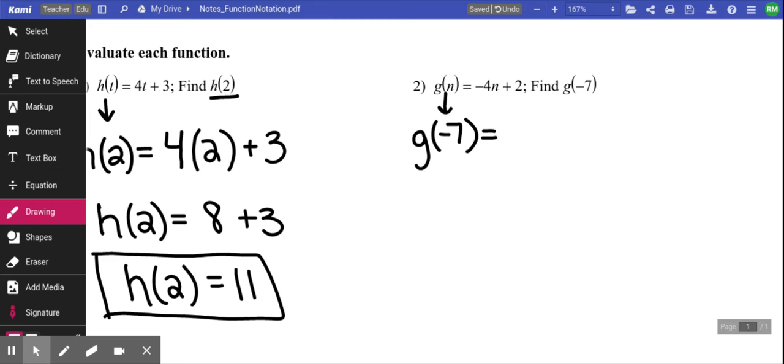And if you think you got it all, continue to work it out. Okay, good.